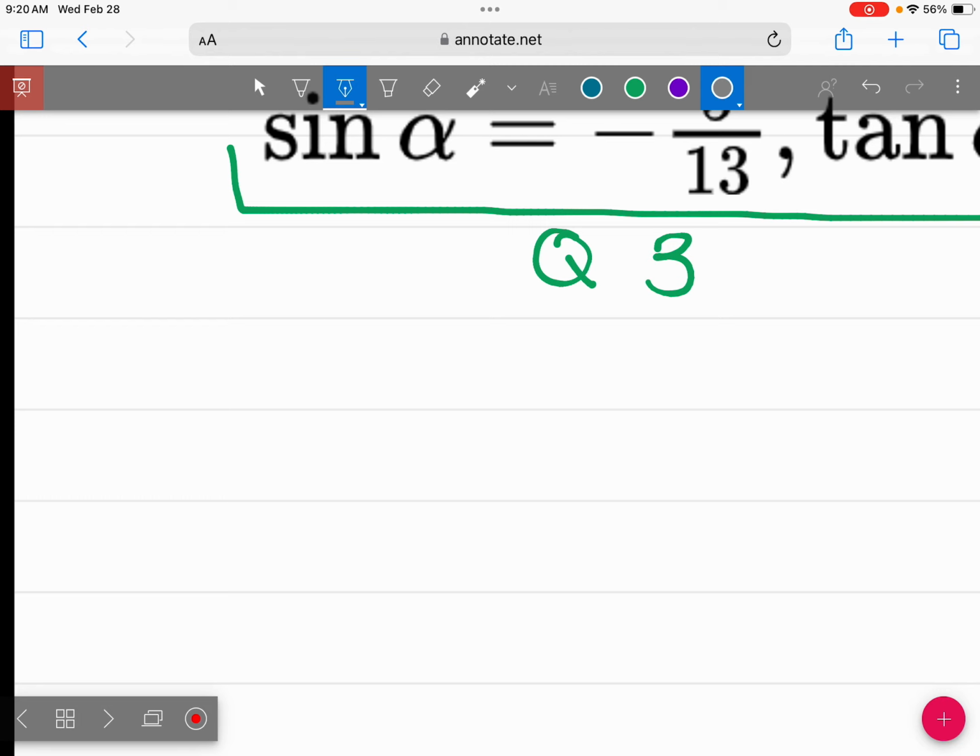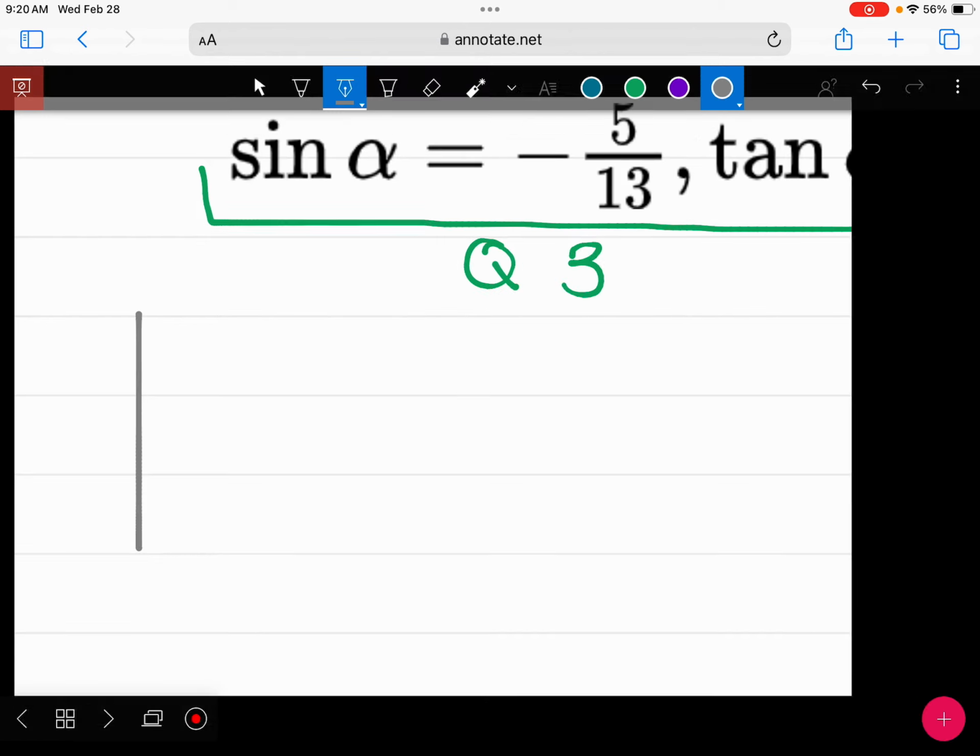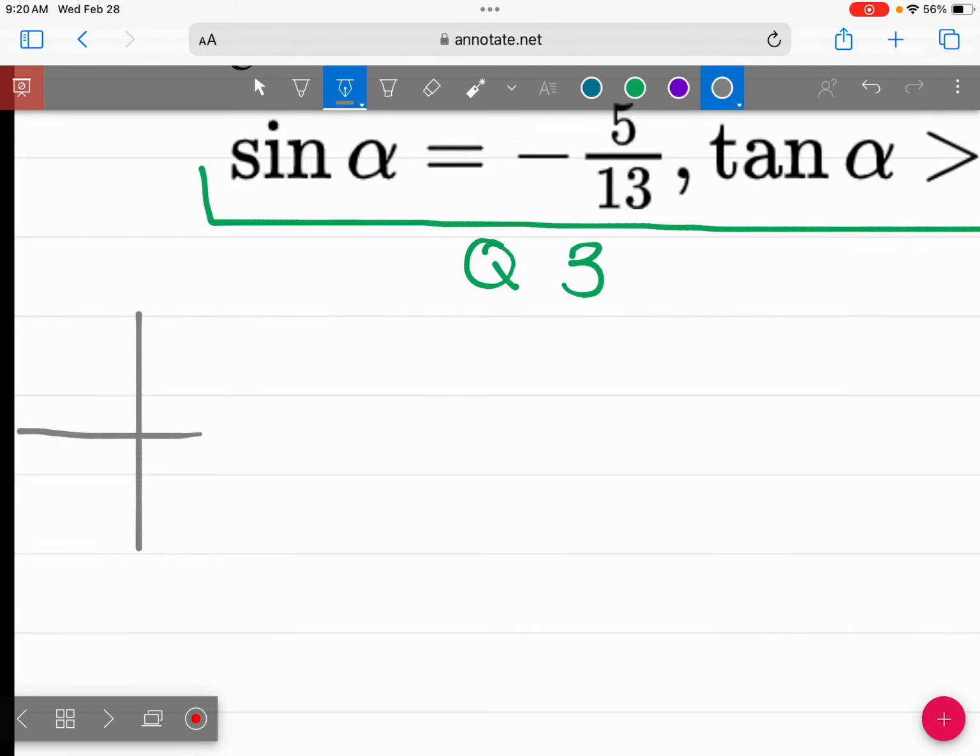So I'm going to give myself a little coordinate grid over here. And we know this alpha is somewhere in quadrant 3. It doesn't really matter where in quadrant 3. We just know it's somewhere over here. So this is my alpha. It's the acute angle with my x-axis.